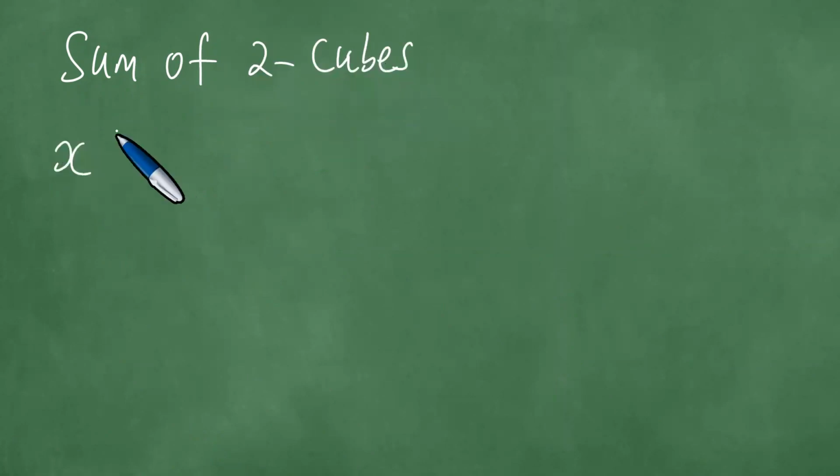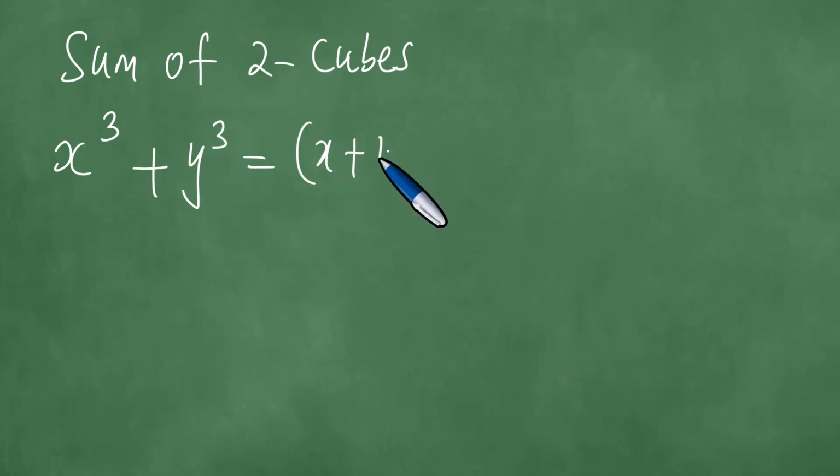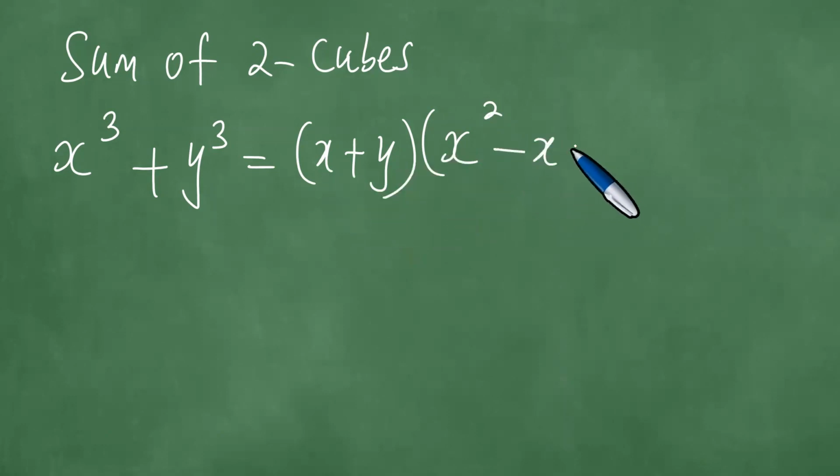If you have x cubed plus y cubed, if you cover the cubes, then you have x plus y, and then x squared, minus xy, plus y squared, like so. So we continue.